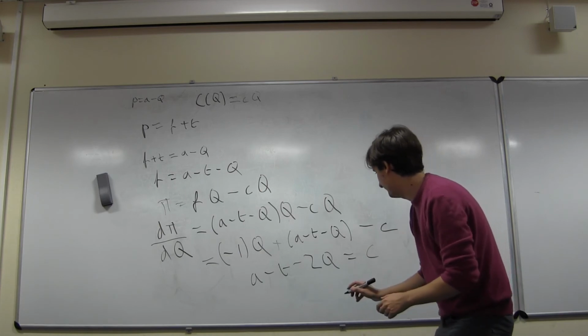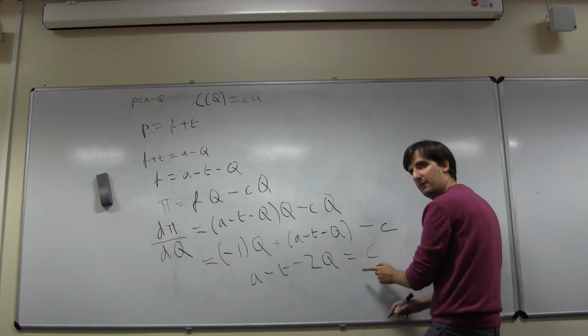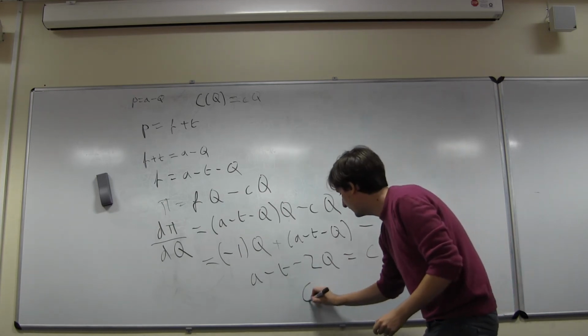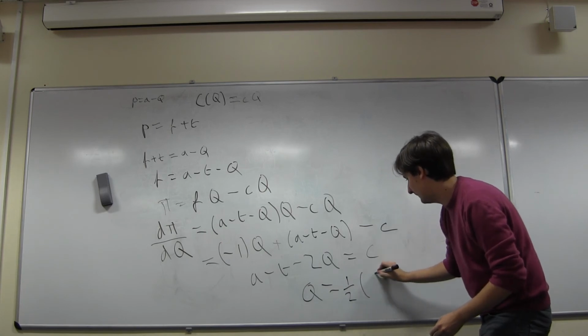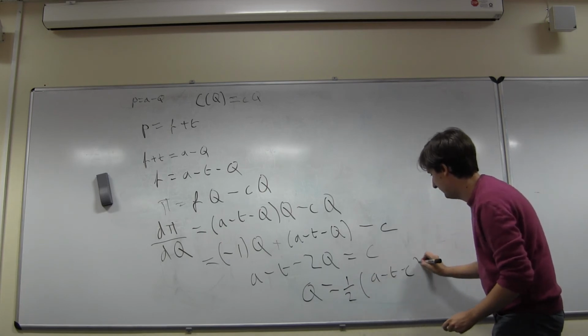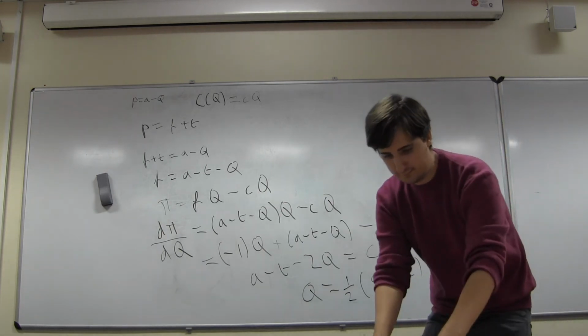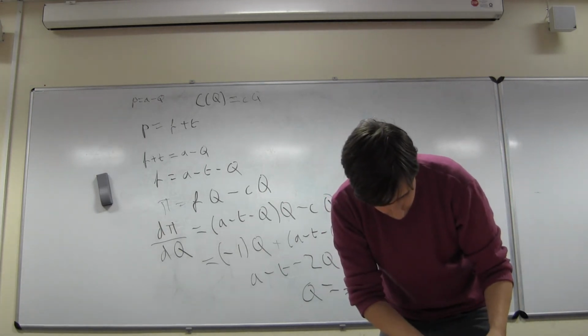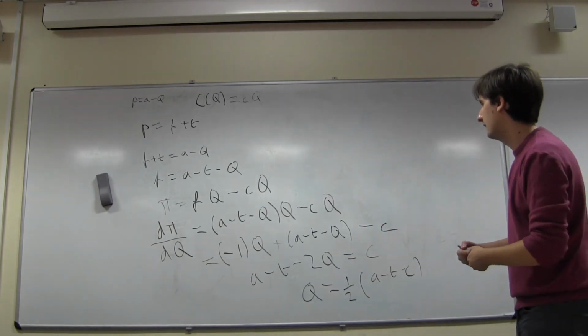Let's take C over to that side, 2Q over to this side. So Q is going to be equal to half of A minus T minus C. Tell me if I've made a mistake. And then we want the price.